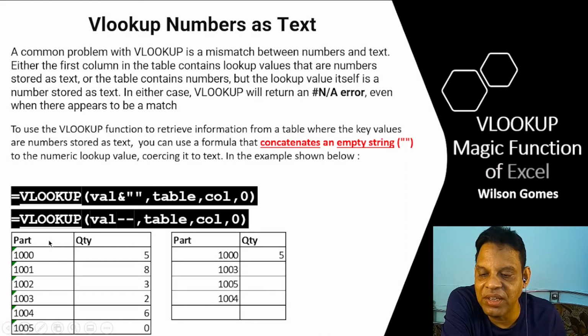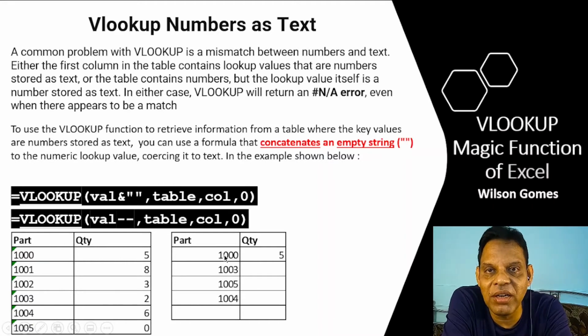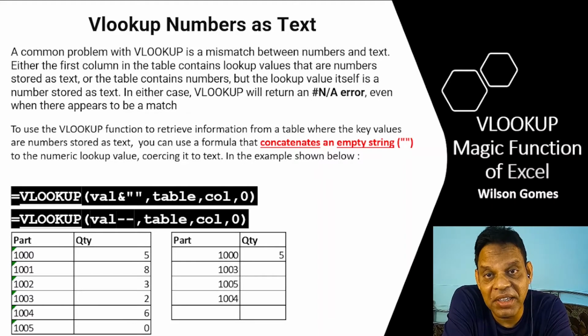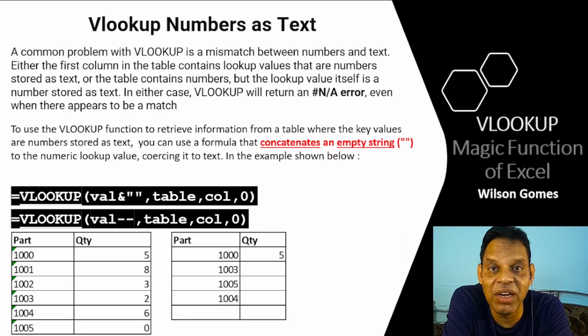In that case, if you use the normal syntax, you will get an NA error. To avoid that, we can use additional specified characters, or the CONCATENATE function which we learned in earlier sessions, with two apostrophes.